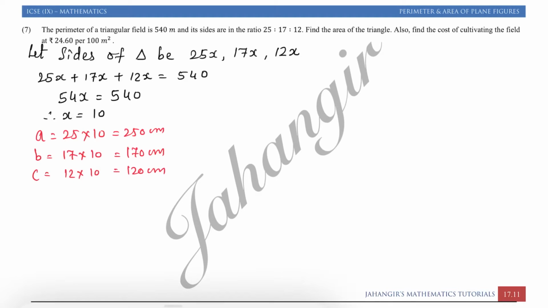Now we need to find the area. So for that we will find the semi-perimeter: 540, perimeter upon 2. Semi means half of the perimeter, that is 270. Now we will find the area of the triangle.